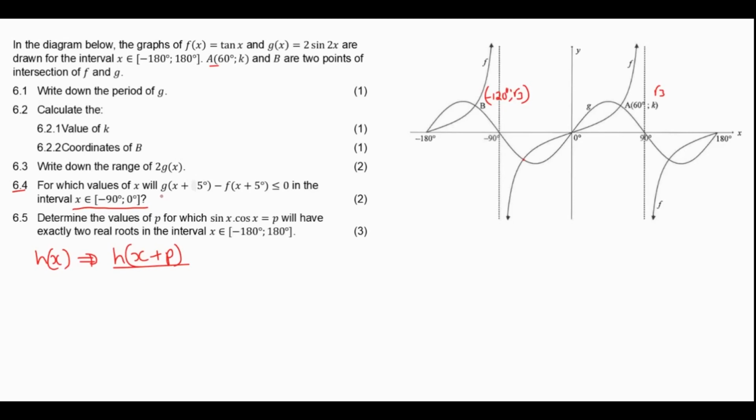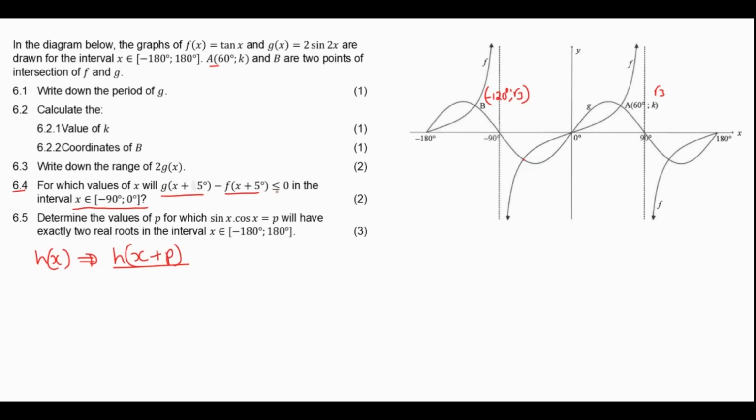So g(x + 5) means that g(x) is shifted by 5 degrees to the left, and f(x + 5) means that f(x) is shifted by 5 units to the left.